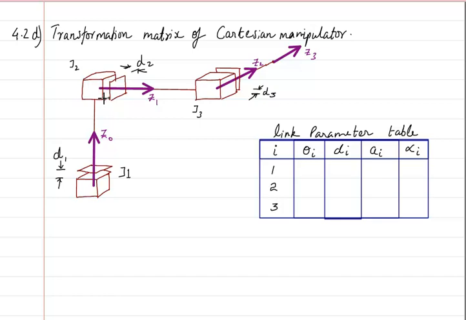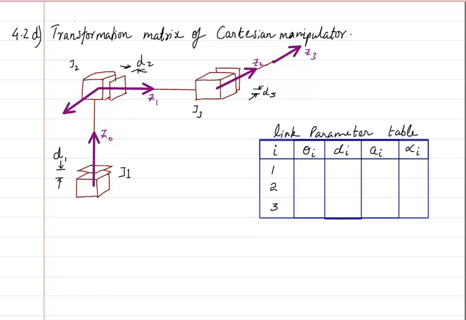Now we know according to the DH convention, for the special case when both z-axes, that is z1 and z0, are intersecting, they will intersect here. So here I can draw z0 on top. In that case, z1 and z0 lie in a plane, and I have to draw the x-axis perpendicular to that plane, so that can be drawn like this.